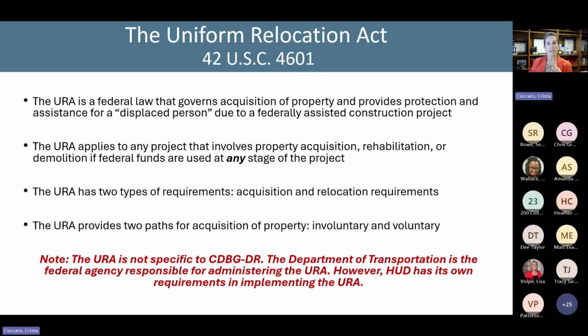It can be involuntary, which could end up in the exercise of eminent domain, or voluntary, which is not going to result in eminent domain. Procedurally, an involuntary acquisition is the most rigorous process. It's subject to the most requirements under the URA, whereas a voluntary acquisition has lesser requirements under the URA. So acquisition is one type of activity covered by the URA.